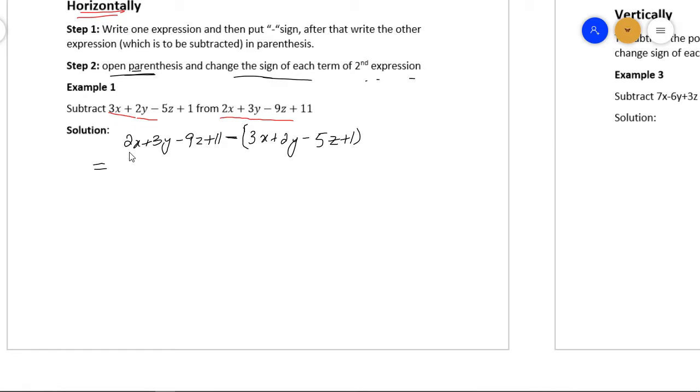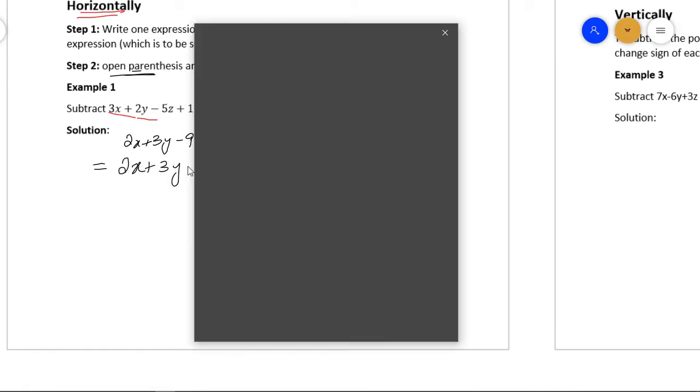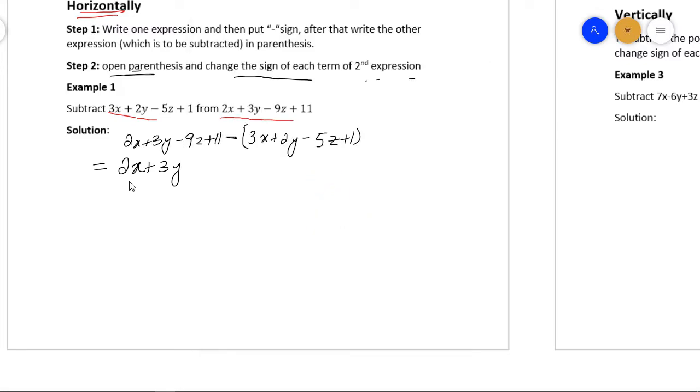Let's do it. The first expression will come as it is: 2x plus 3y minus 9z plus 11. Open the parentheses, take them off. Now 3x is positive, so here it will be negative. 2y is positive, so here it will be minus 2y.